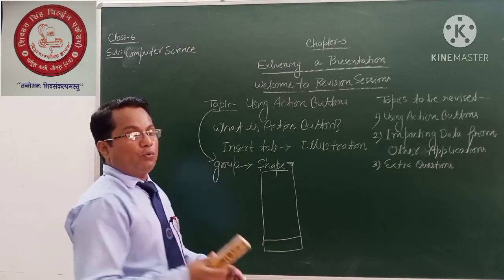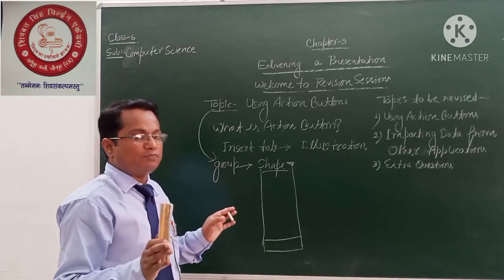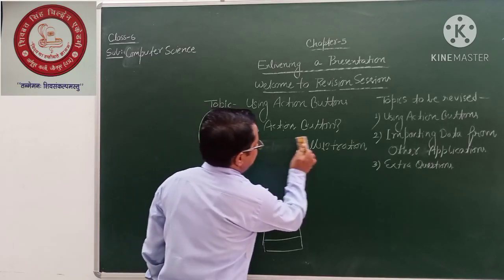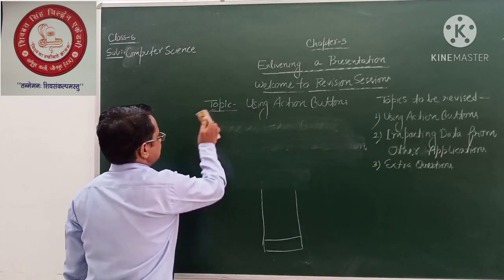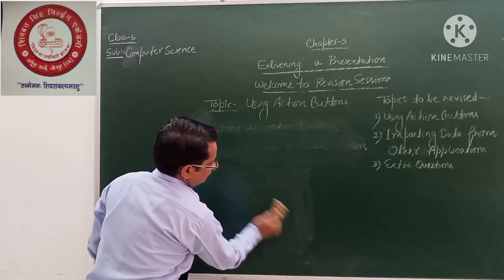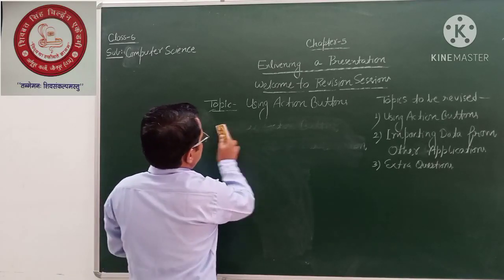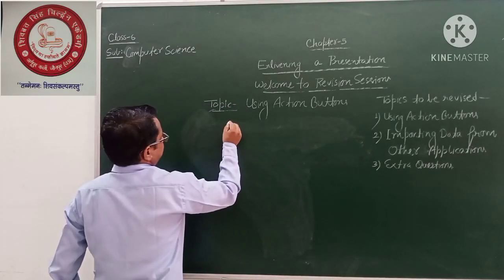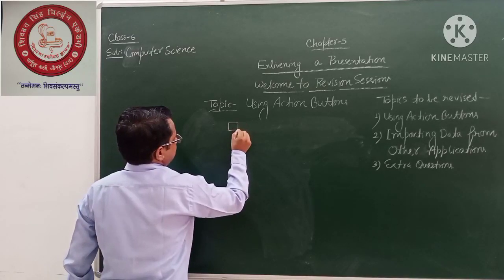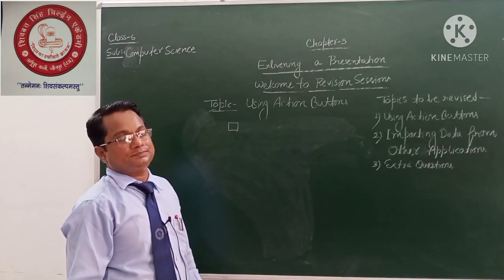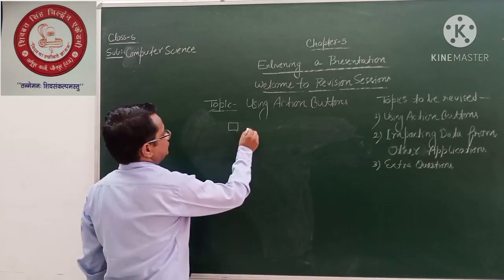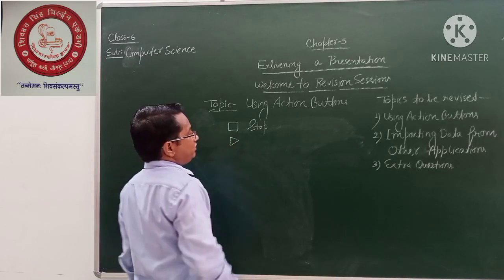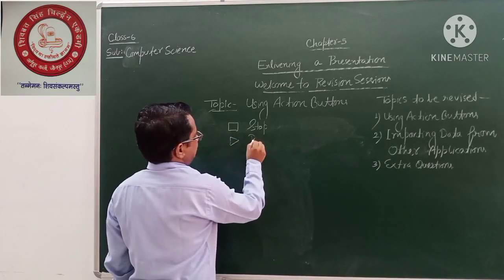Now students, let me give you some shapes of the action buttons so that you can understand in an easy manner. Let me erase the code here. Let me explain the shapes of action buttons. What is the name of this shape? What is the name of this shape? Stop. What is the name of this shape? Play.